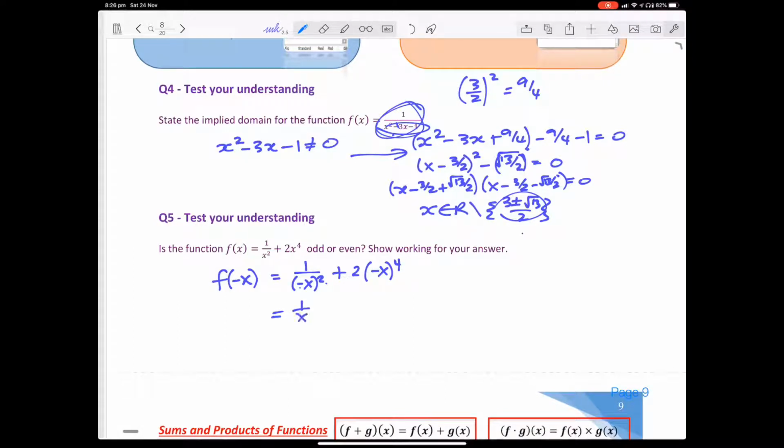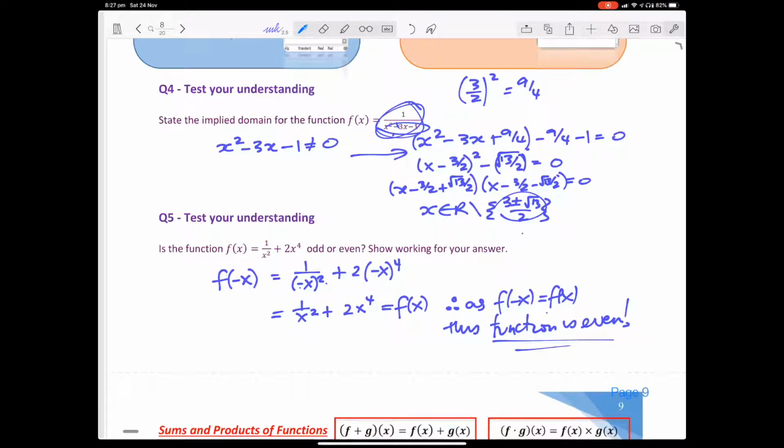I get 1 on x squared, which becomes positive, plus 2 negative x to the power of 4 is just x to the power of 4, and that's equal to f of x. Therefore, as f of negative x equals f of x, this function is even.